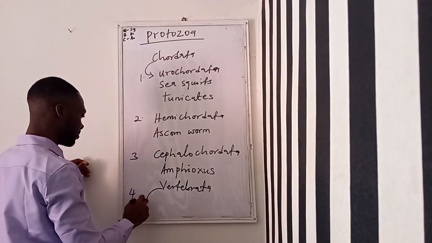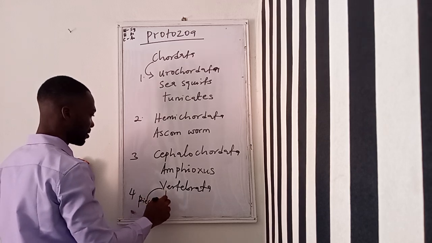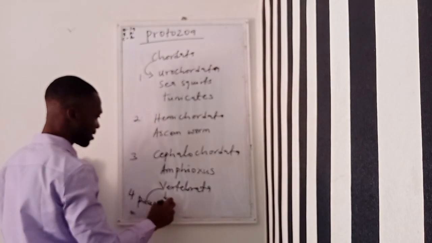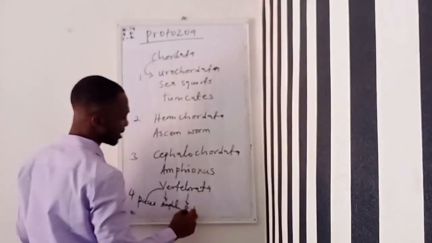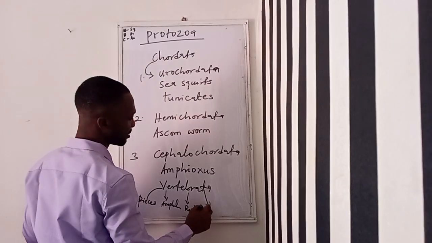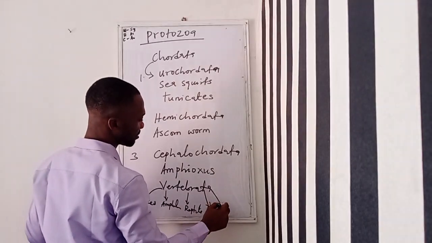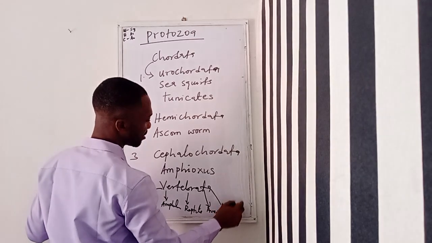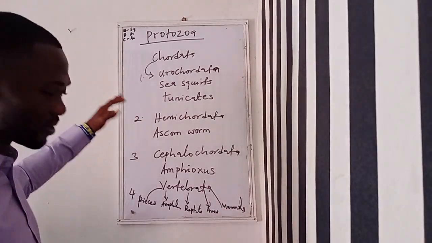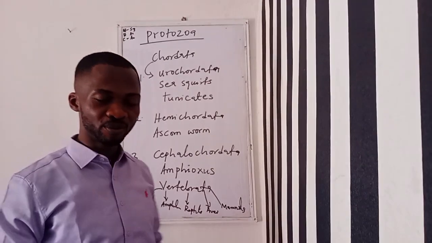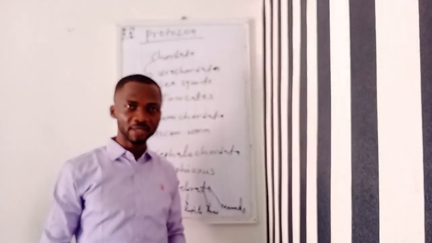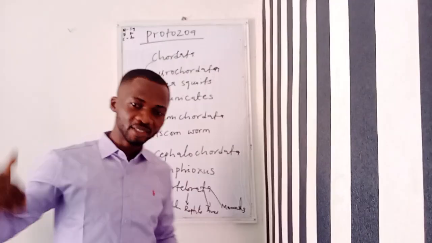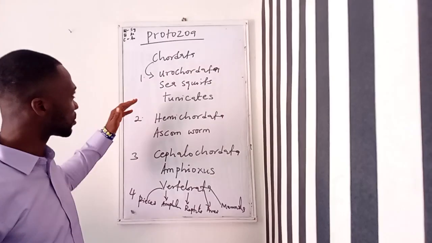vertebrata. And of course, you know vertebrata is made up of the fishes, the pisces, the amphibians, the reptiles, the aves, and the mammals. So can you see that all the animals you can think of that have been discovered are found within this whole animal kingdom, from protozoa down to the last one, which is chordata.